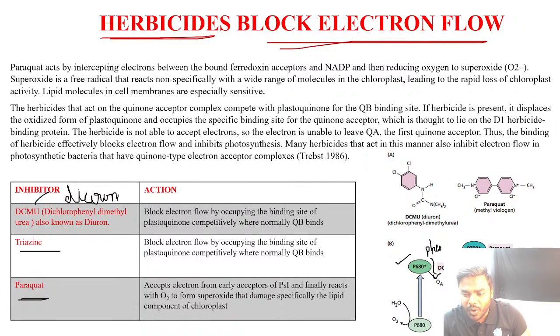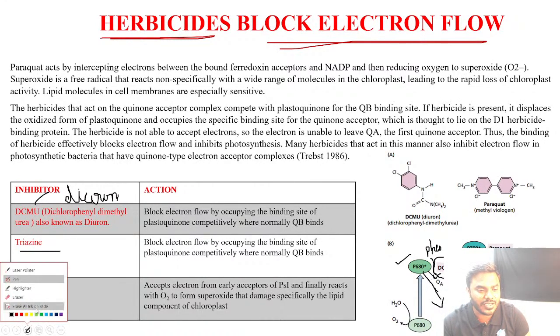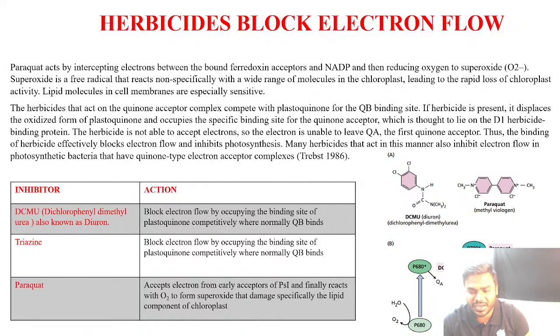It is going to block the electron flow between quinone A and quinone B. In a simple line, I can also tell you, friends, DCMU is the one which blocks the electron flow between P680 and P700. Do not forget this statement under any circumstances.